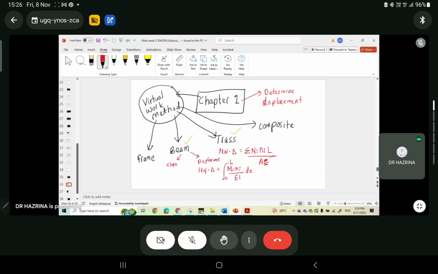Can you pass your friend's name? Yes. 1 kilonewton meter times theta equals the integration of, 0 to L, capital M, small m, divided by EI, d theta.